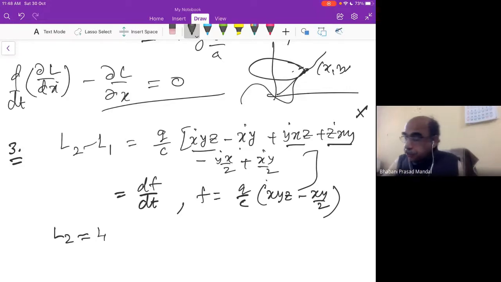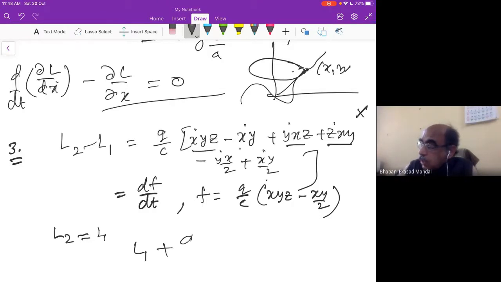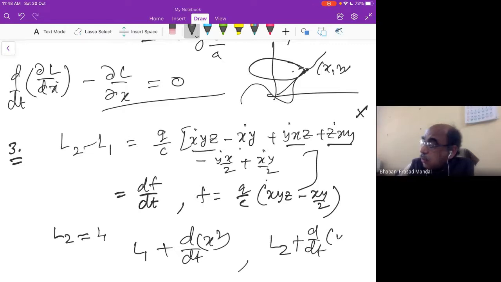Then another part is to find another Lagrangian which is also equivalent to both. So for another equivalent, you can write d dt of x square plus L2, plus d dt of y square or xy square, anything. These are all equivalent. So that is a 10-second answer for the second part. All these are equivalent and non-trivial.